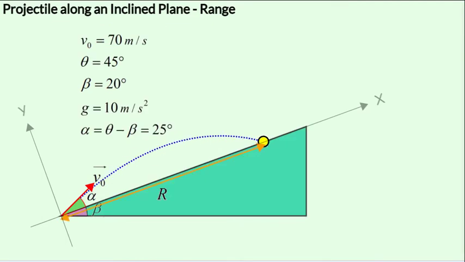We take the same problem as in the previous lesson. A projectile is fired at a speed of 70 meters per second on an incline of angle 20 degrees, at an angle of 45 degrees with respect to the ground. And we need to find the range along the incline. So the angle of launch alpha with respect to the incline will be 45 minus 20, or 25 degrees.